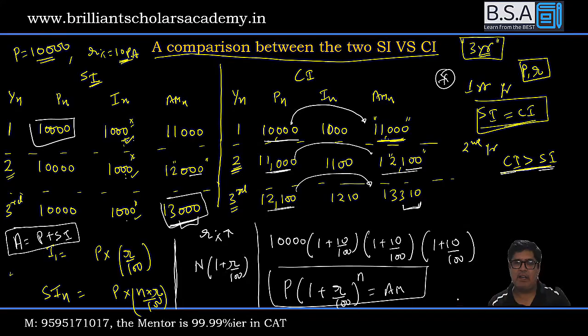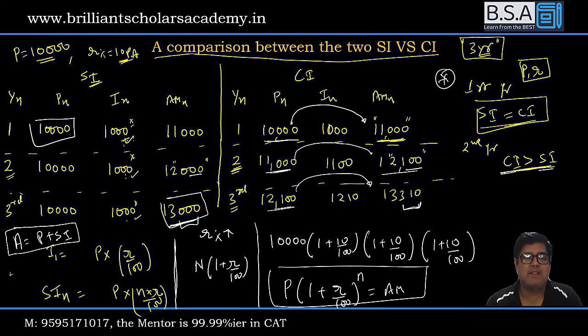Under compound interest, money increases by multiplications. Under simple interest, money increases by additions. Under compound interest, money increases by multiplication.